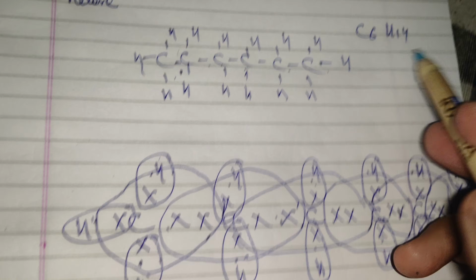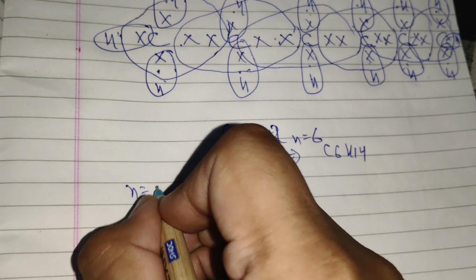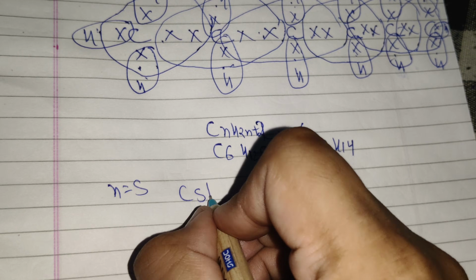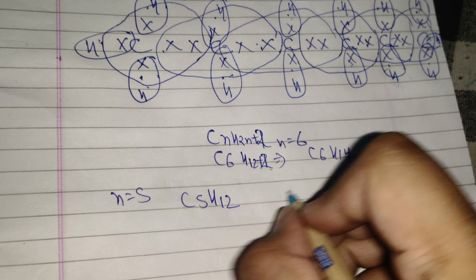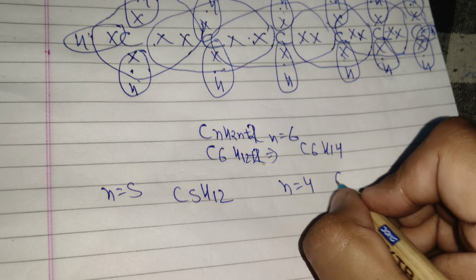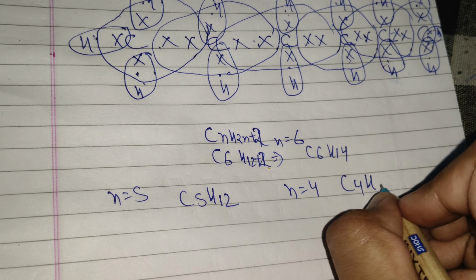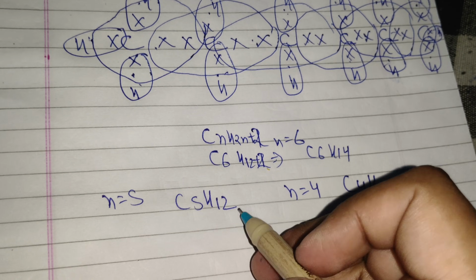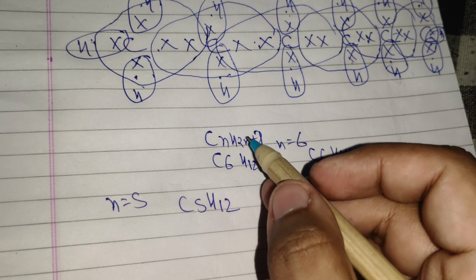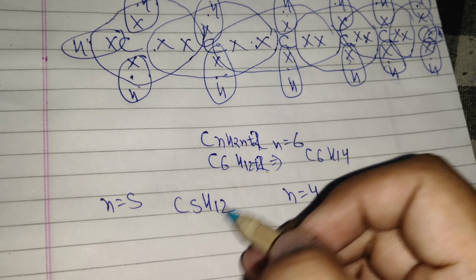The same we can verify here. If n equals 5, then C5H12, because 2 multiplied by 5 is 10 and plus 2 is 12.